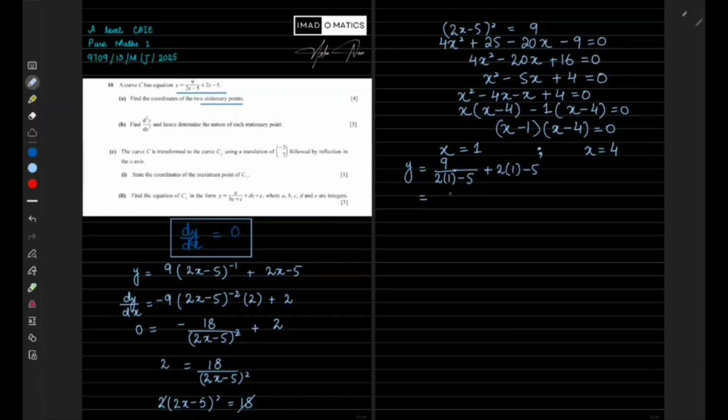So when x equals 1, that gives you 9 over 2 minus 5, which is minus 3, plus 2 minus 5. So minus 3 plus 2 minus 5 gives you minus 8 plus 2, which gives you minus 6. So one point is 1 comma minus 6, and the other point would be found when you substitute x equals 4.